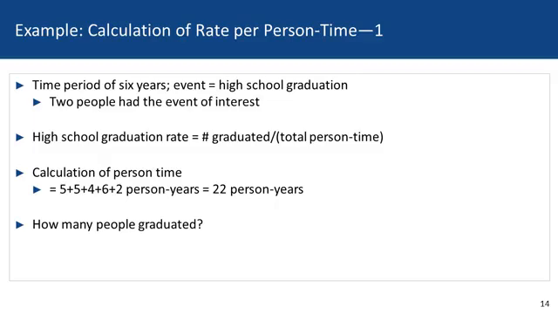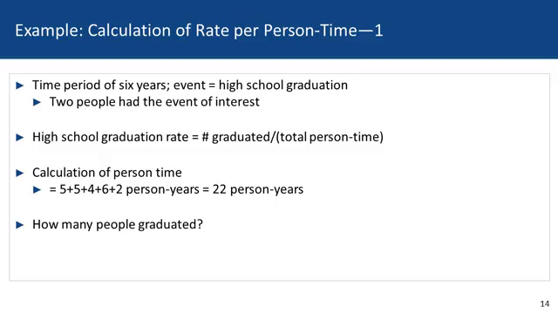The calculation of person time is as follows: 5 years for person 1, 5 years for person 2, 4 years for person 3, 6 years for person 4, and 2 years for person 5. That's a total of 22 person years. And you have to go back to remember that 2 people graduated.